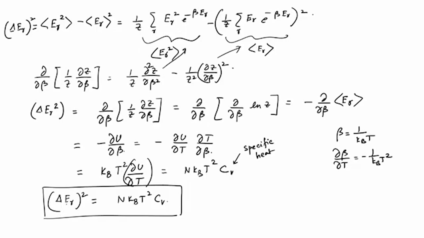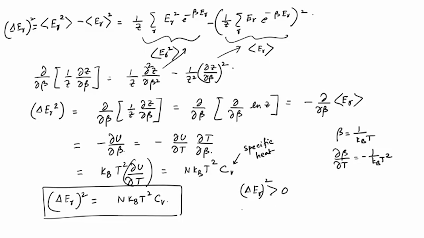This delta E_R square is greater than 0 for sure. Because it is a square of the fluctuation, it has to be necessarily greater than 0.